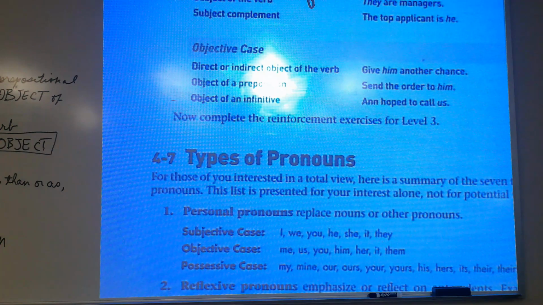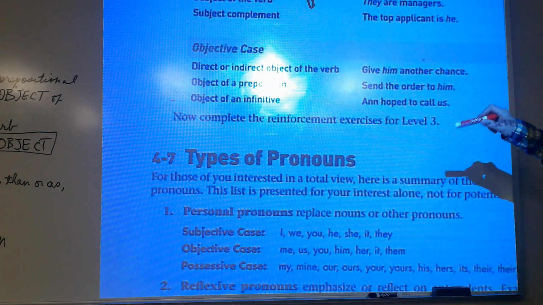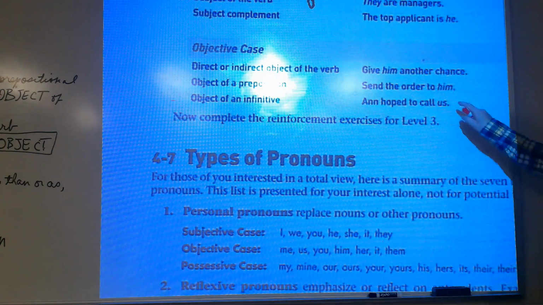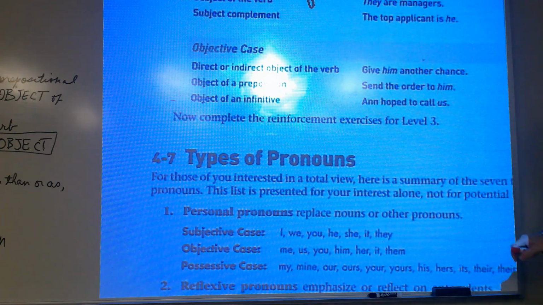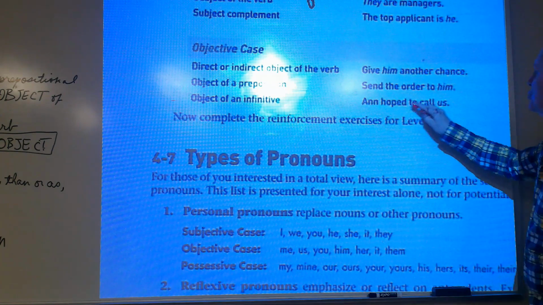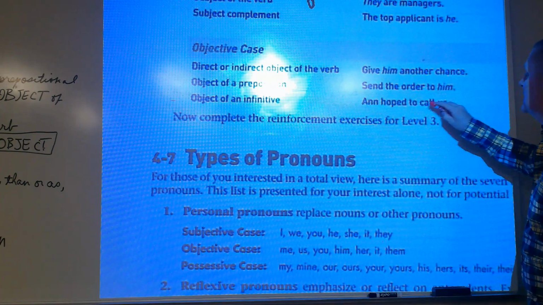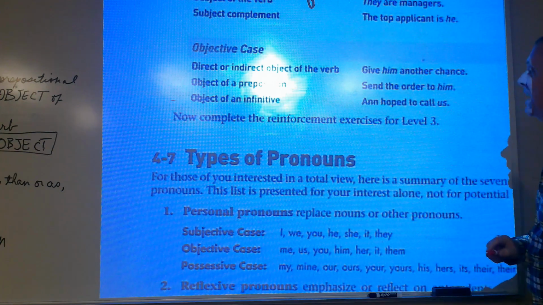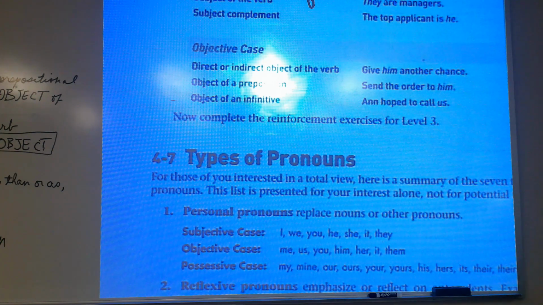Oh, and I didn't mention, oh yeah, I did too. If it's an object of an infinitive, then make sure that you use an objective case pronoun. And hoped to call what or who. Since it's the object of an infinitive, use an objective case pronoun. Me, us, you, him, her, it, them.